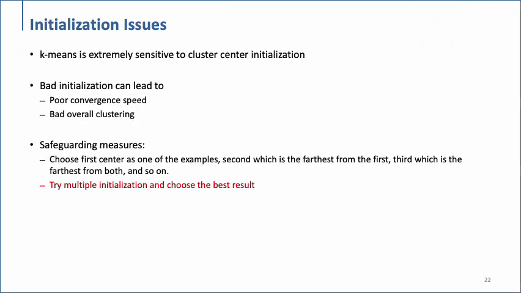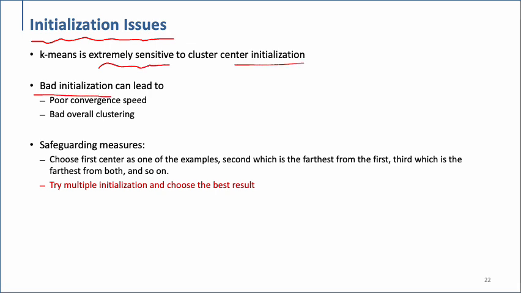So that's it for the k-means clustering algorithm. But as you can see here, there are some remaining issues, namely initialization issues. As we saw in the previous algorithm, k-means is extremely sensitive to cluster center initialization.